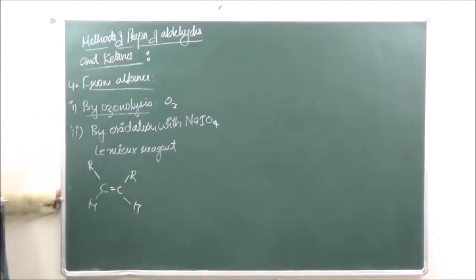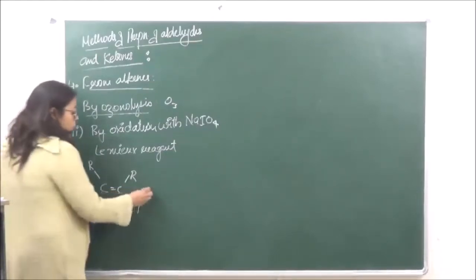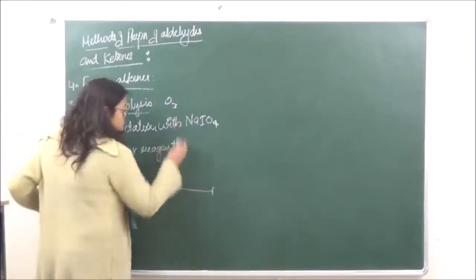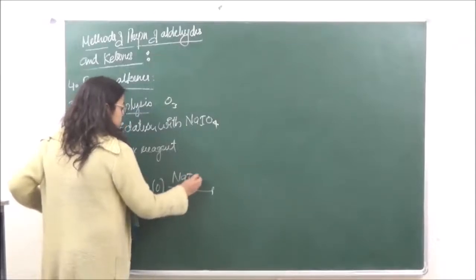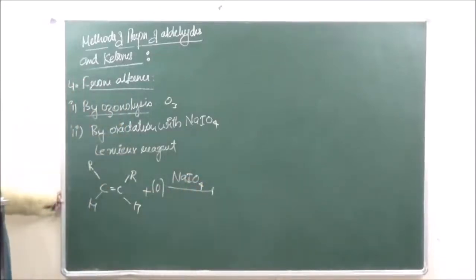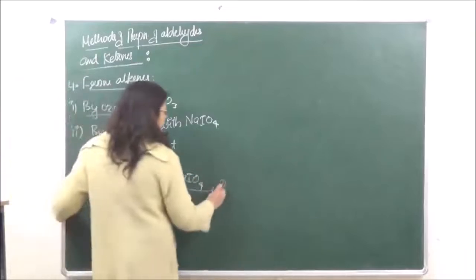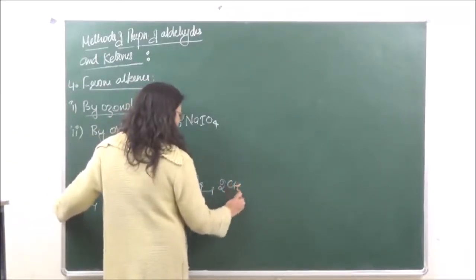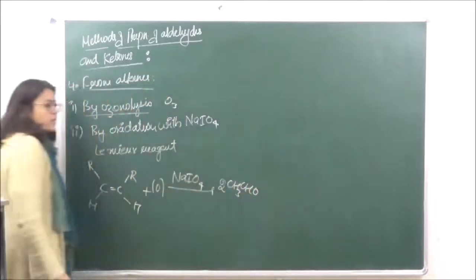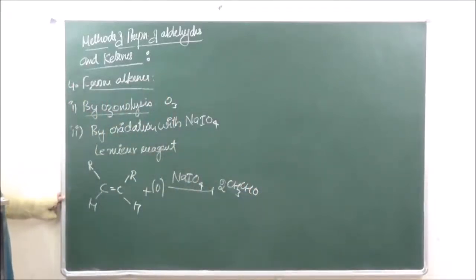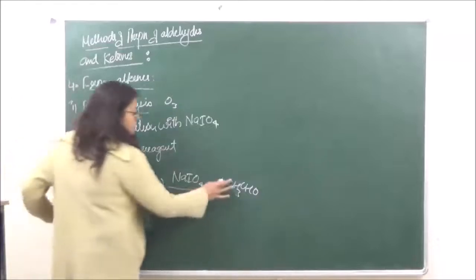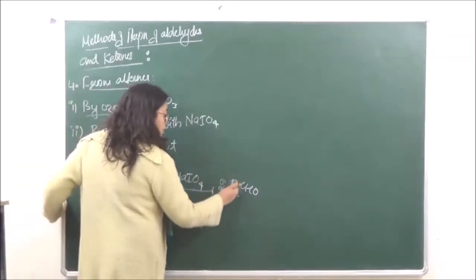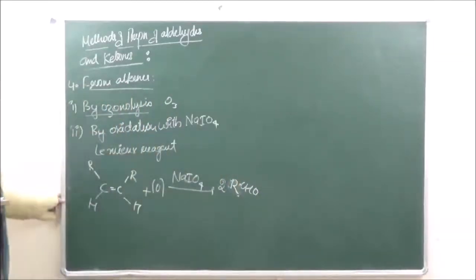This is going to give us aldehyde, CH3CHO, and because this R is taken, instead of CH3 over here you can take RCHO. So alkene can be directly converted to aldehyde by taking sodium periodate.